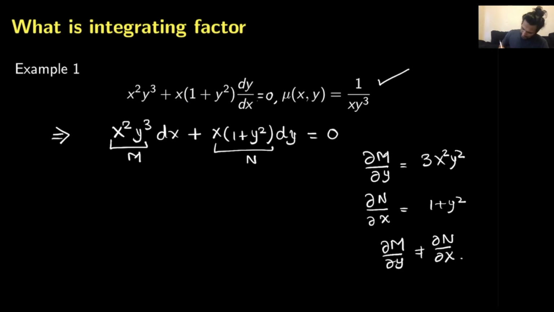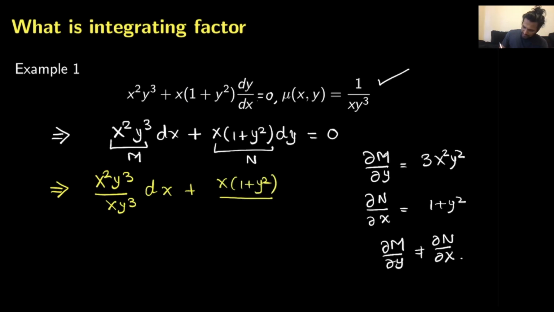In order to do that, we will multiply by this function throughout. This is going to be x square y cube divided by x y cube dx plus x times 1 plus y square, whole thing divided by x y cube, dy is equal to 0.